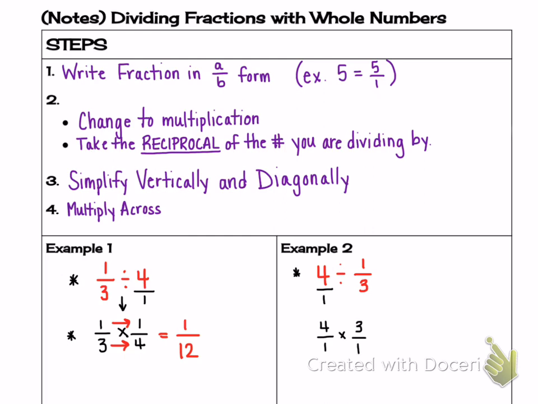I check for simplifying. Nothing on the diagonal, nothing on the diagonal, nothing vertically, nothing vertically. So I am going to just multiply across. 4 times 3 is 12, and 1 times 1 is 1. 12 over 1 equals 12. So if you take 4 and divide it into 1/3 pieces, you will have 12 pieces.